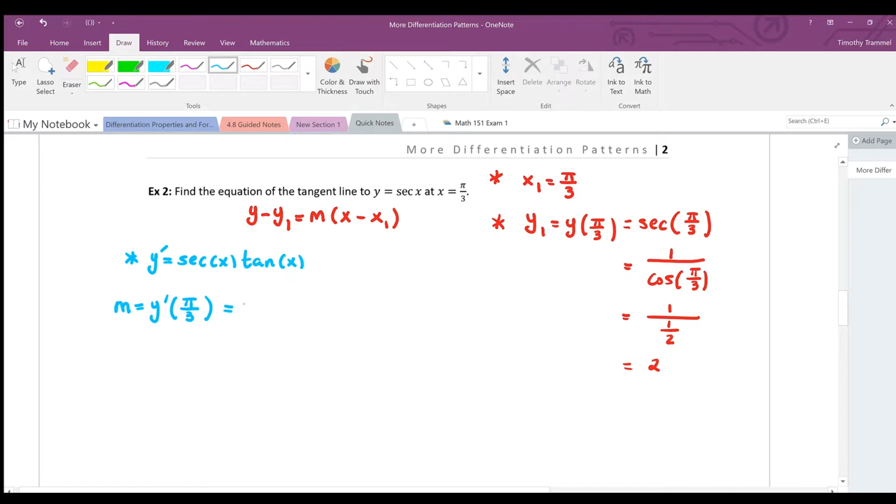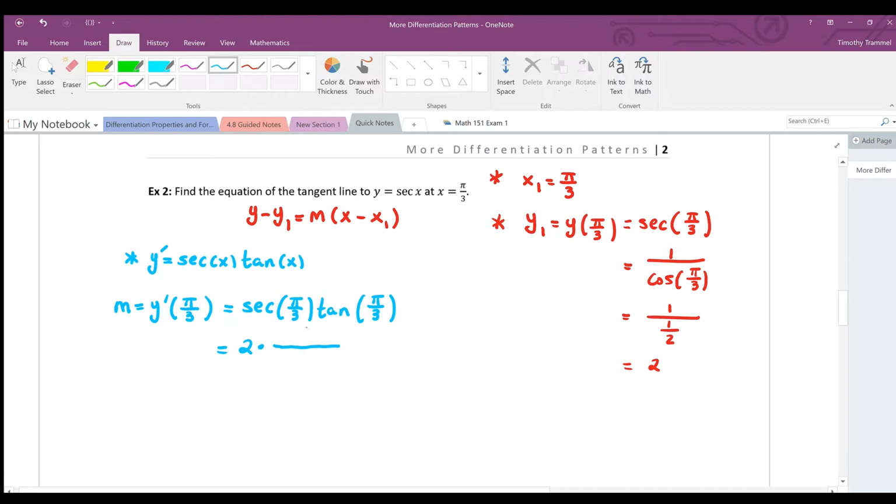And so this is equivalent to just secant of pi over 3 times tangent of pi over 3. And we just found secant of pi over 3, it was 2. And if we were to find tangent of pi over 3, remember that this is sine of pi over 3 over cosine of pi over 3.